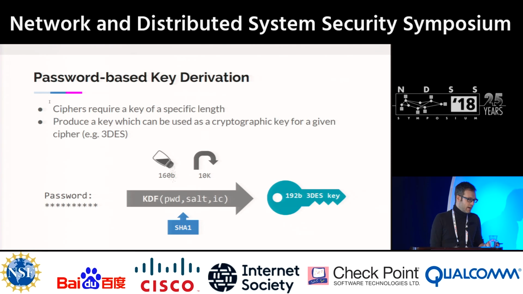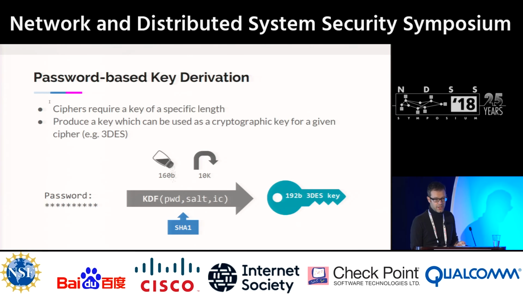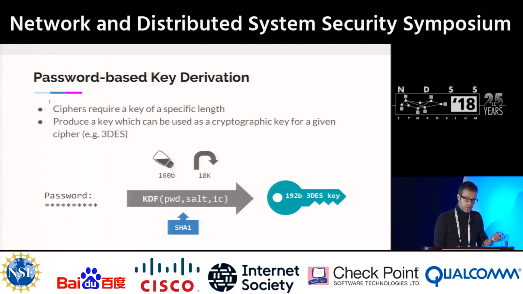These parameters are, of course, the password, and then a pseudo-random function like SHA-1, a random salt, and an iteration count. The iteration count states how many times the SHA-1 function is applied within the KDF. Okay? And as a result, you obtain the cryptographic key.